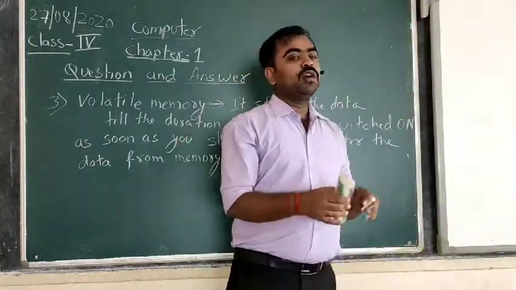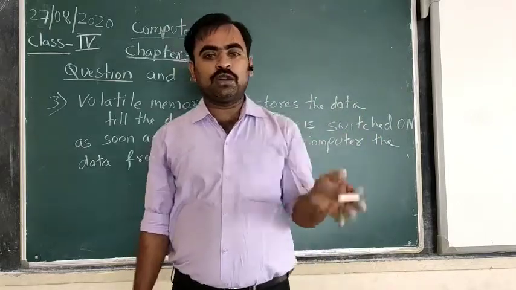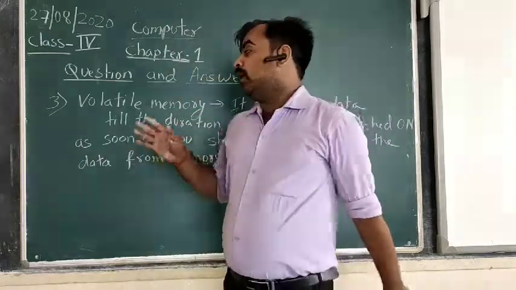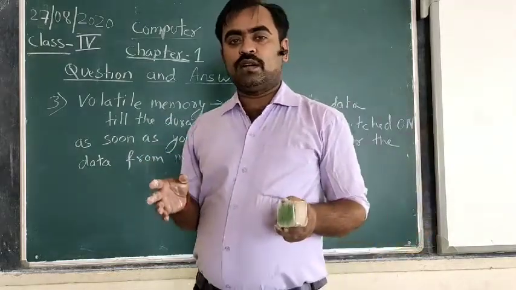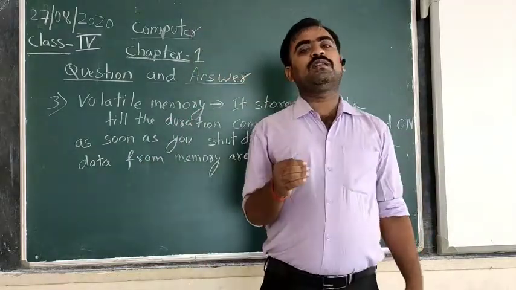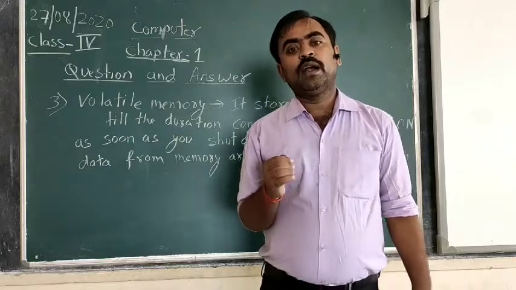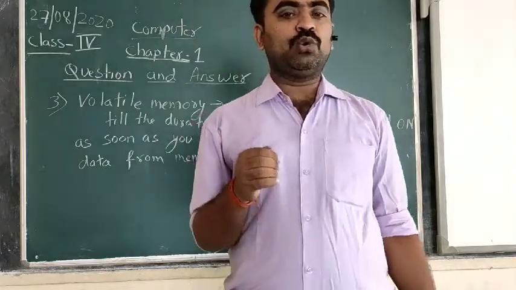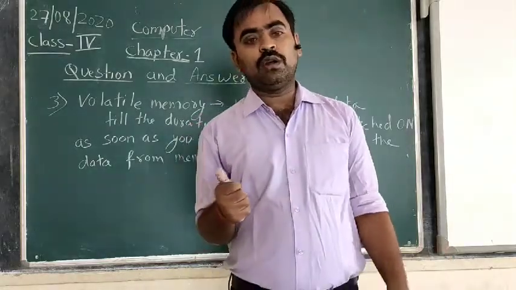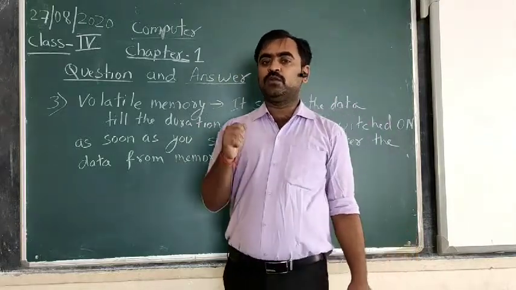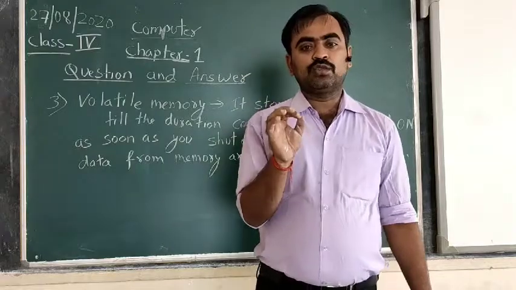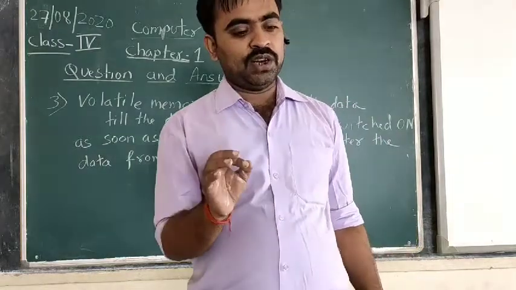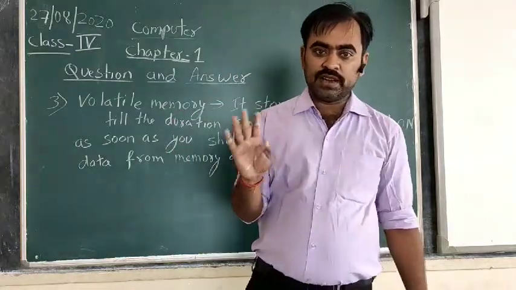As soon as you shut down the computer or turn off the computer, it erases all the data which it contains, and that's why it stores the data temporarily. The data which is stored on volatile memory is not permanently stored. It only stores till the duration of the time the computer is switched on. If the power is off, data is erased.